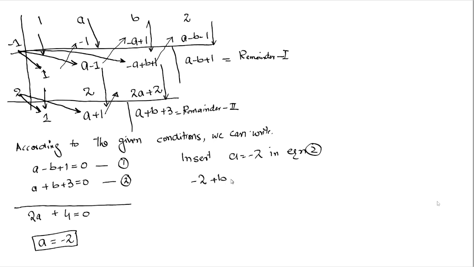We have plus b. We have plus 3 is equal to 0. So b and minus 2 plus 3 is plus 1 is equal to 0, and b is equal to minus 1. So the required values are a is equal to minus 2 and b is equal to minus 1.